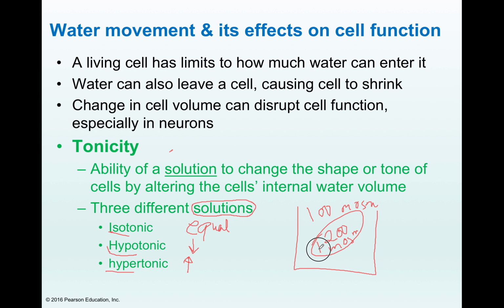So I'm going to put an arrow and it says 200 is a larger number, so it's a bigger number, and 100 is a smaller number. So I'm going to use one of these three words to describe what type of solution I have. By looking at that, 100 is smaller than 200. So my solution would be below, or the solution has a smaller concentration of solute. So I will identify this as hypotonic.